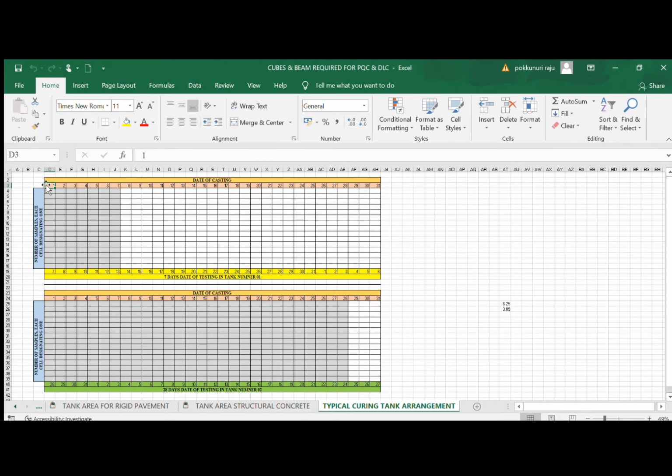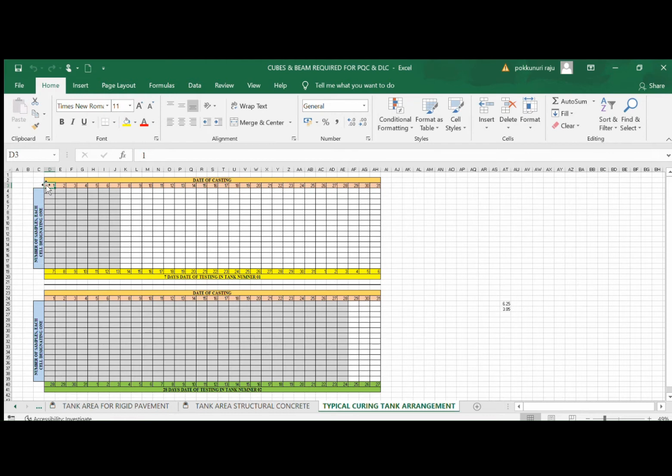Similarly, the cubes are placed at designated places in the 28 days curing tank. That means this tank is used for storing the cubes which need to be tested at 28 days. So this will help you in the project to trace the cubes very easily with respect to date and with respect to the location where it is placed.